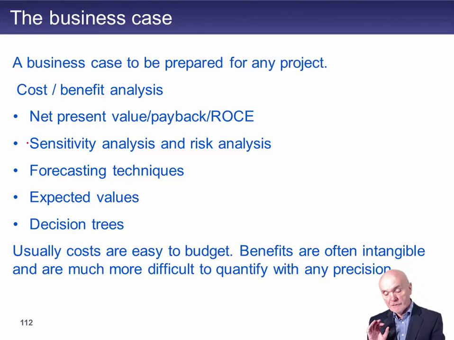We'll be thinking of using forecasting techniques, expected value, decision trees, and so on. So we might say, well, there's an 80% probability that the sales will go to this, only a 20% probability they will go to that, and so on. And maybe we use these probability estimates as well, though it's very difficult to get those probabilities worked out.